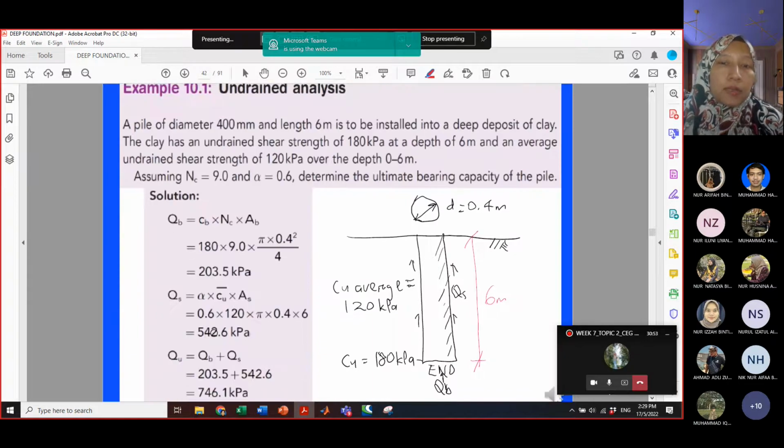Okay, this is one example. If you want to calculate the bearing capacity of the pile in clay, I will not explain further in detail for each example. I only go through what is important, because as you remember, some topics may not consume 2 hours of online lecture, because as I said, the remaining hour is for you to have your learning activities.